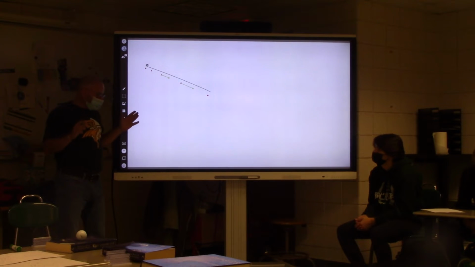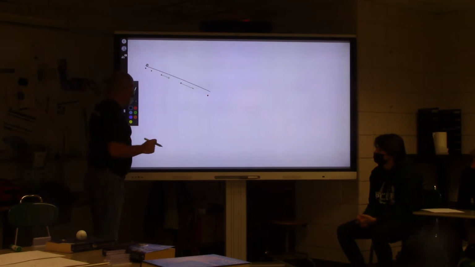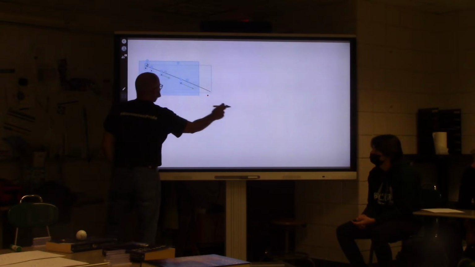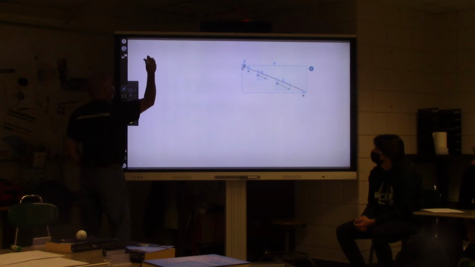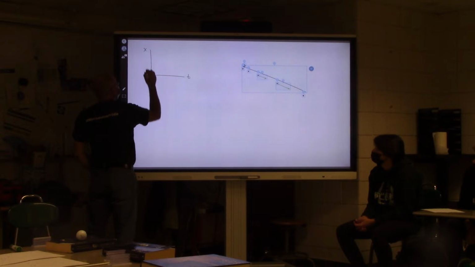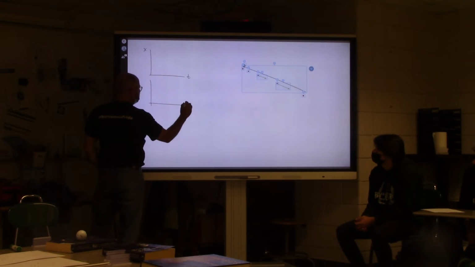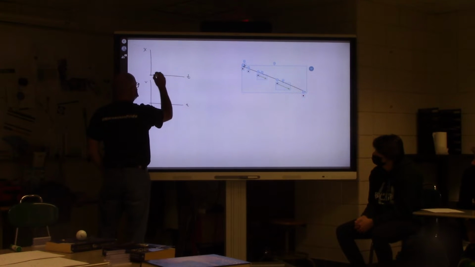Now, one of the things that we came to at the end of yesterday was kind of a definition. When we graphed the position time, and then we graphed the velocity time, this was your actual lab, right? This one was a nice parabola.